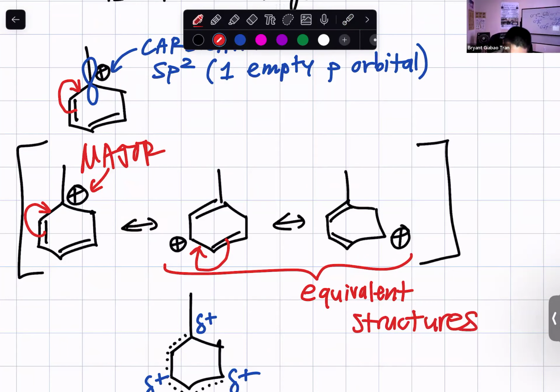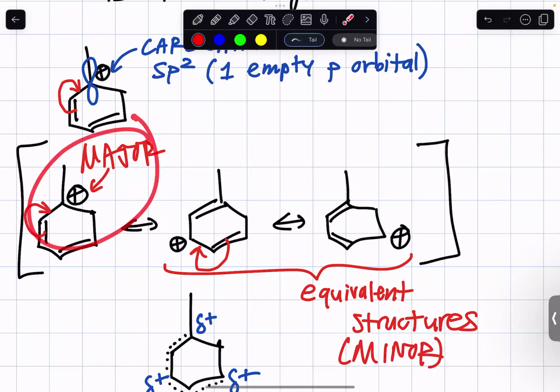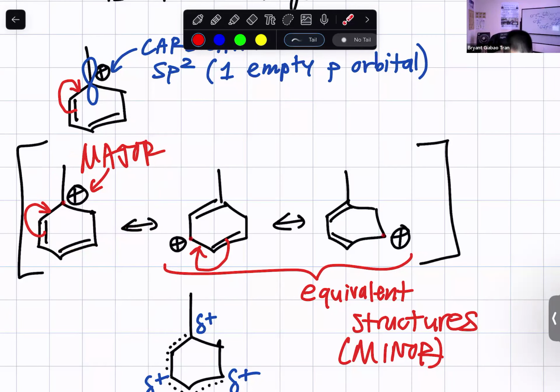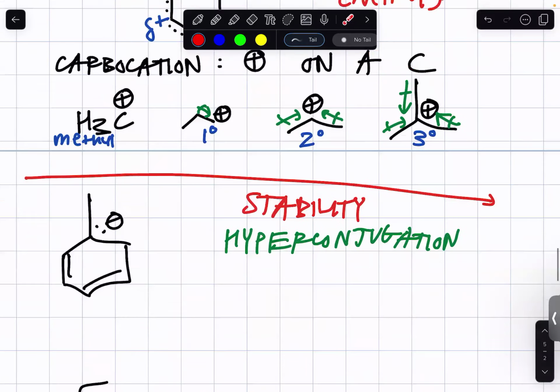But those equivalent structures are minor to this major one here. Okay, and that's because they all have the same amount of carbons attached, versus the major one has more carbons attached. Yes, that's right. That makes sense.